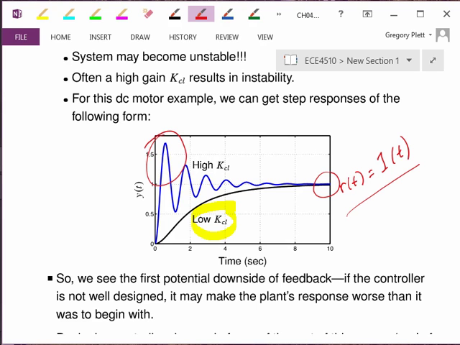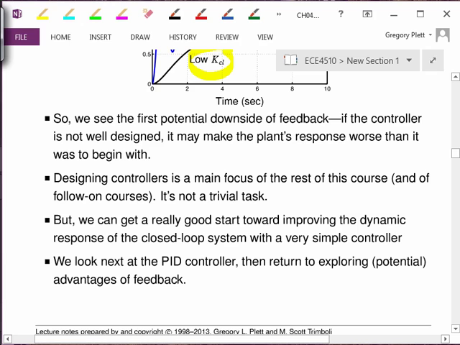So here, in this example, we see the first potential downside or disadvantage to feedback, and that is that if the controller is not well designed, it might make the plant's response worse than it was to begin with. And so designing controllers is a major focus of the rest of this course and follow-on courses.